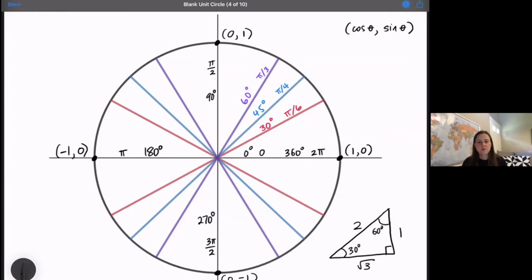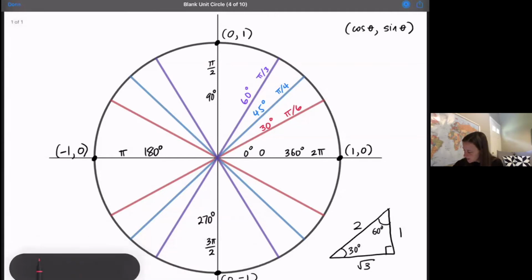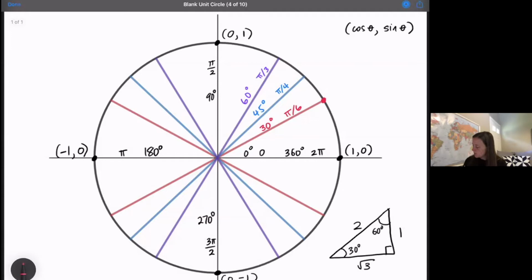So let's start off with 30 degrees. I'm going to fill out its terminal point. I know I need to put the cosine of 30, comma, the sine. So the cosine is adjacent over hypotenuse, square root of 3 over 2. And the sine is 1 over 2, opposite over hypotenuse.